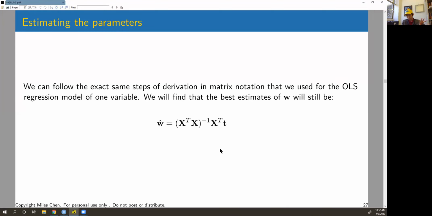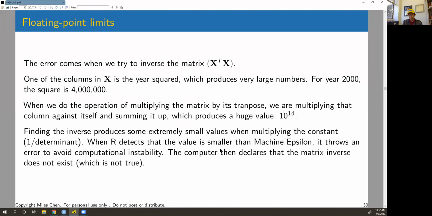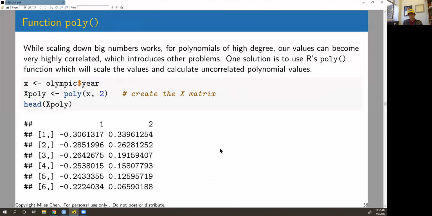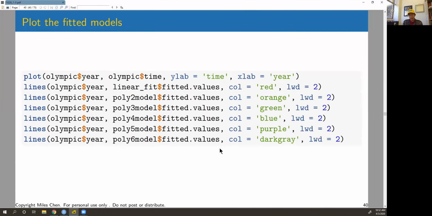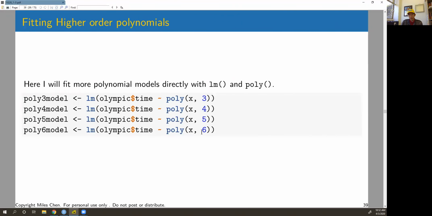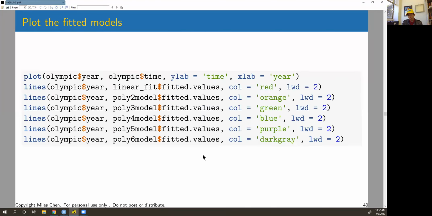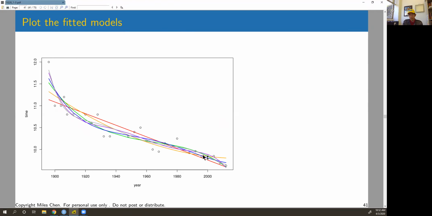We can have just used the same work using matrix notation. And then what we've done is we have now fit several polynomials of different degrees, and now we are faced with the problem of how do I pick which model is going to be the best.